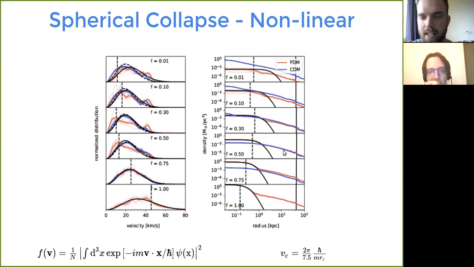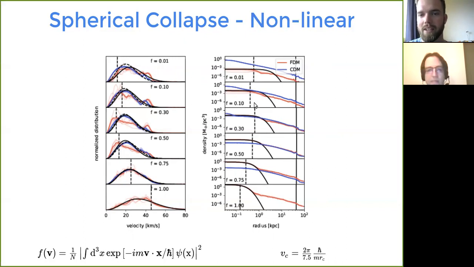And the interesting thing is that you can see that at least in the outer part, so on super de Broglie wavelength scales, the cold dark matter profiles in blue are basically identical to the fuzzy dark matter profiles in red, if we rescale the two profiles by the fraction of fuzzy dark matter.